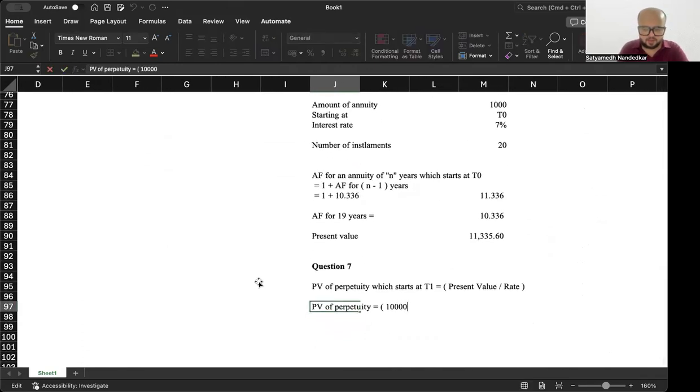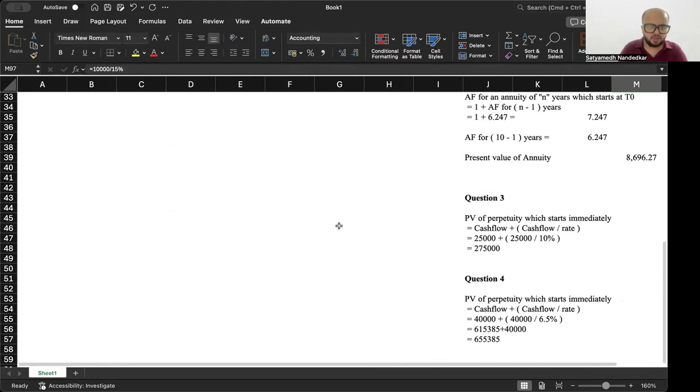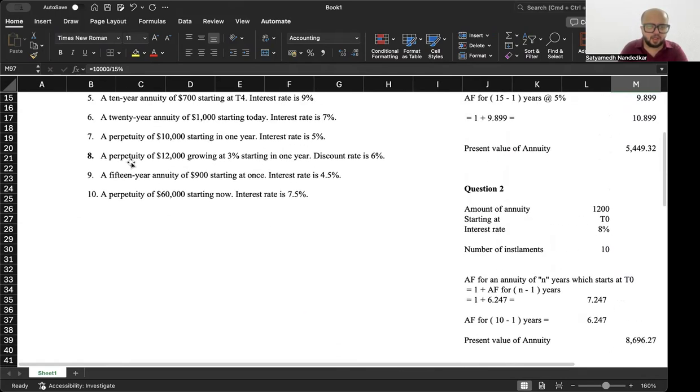Okay, 10,000 upon 15%, that is 66666.67.